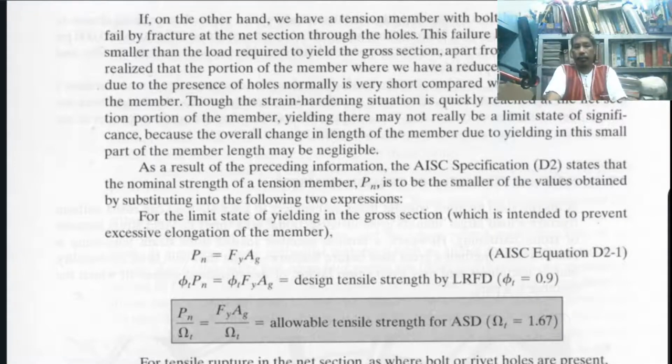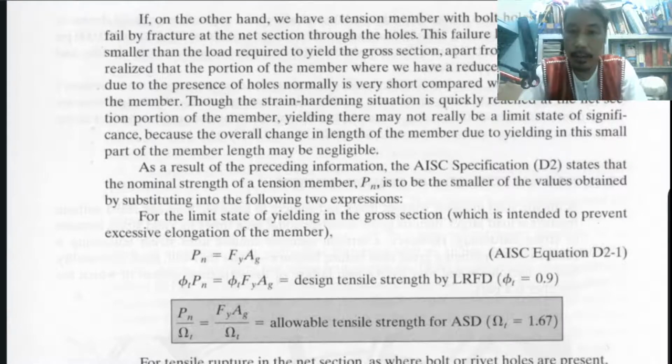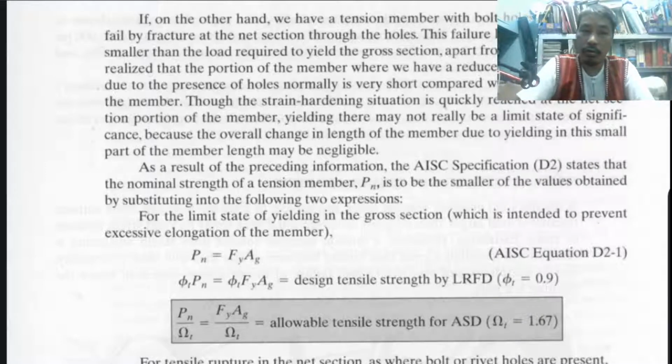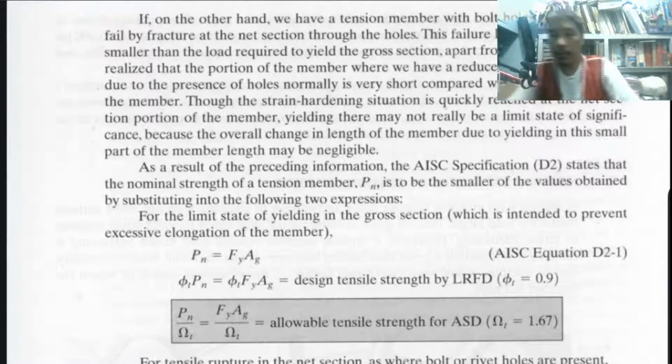Megapascal times square mm, since the unit of gross area is square mm. So MPa times square mm is equal to Newton. So we usually have to divide this by 1000. That's why we can also express this as kilonewton.